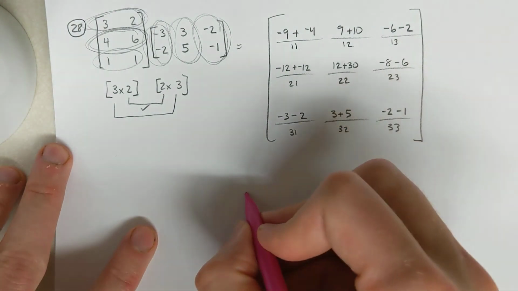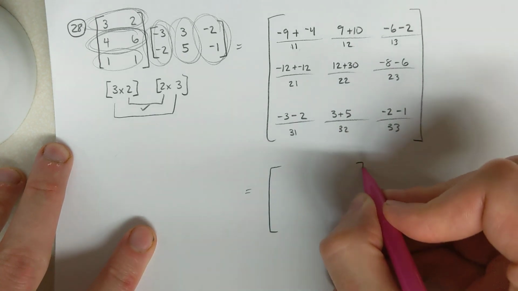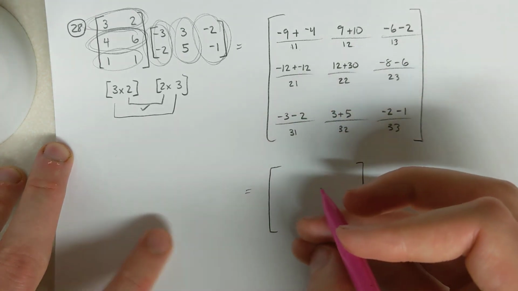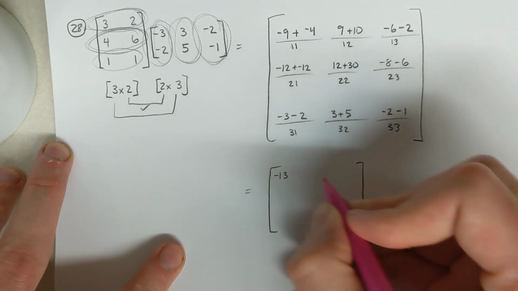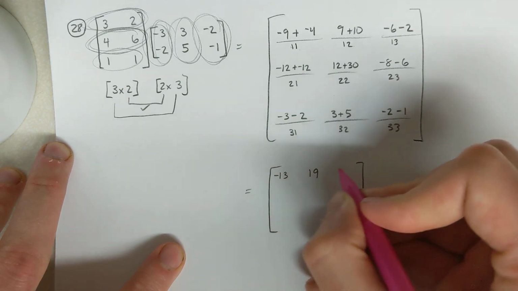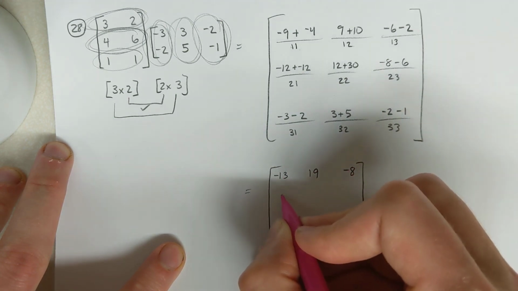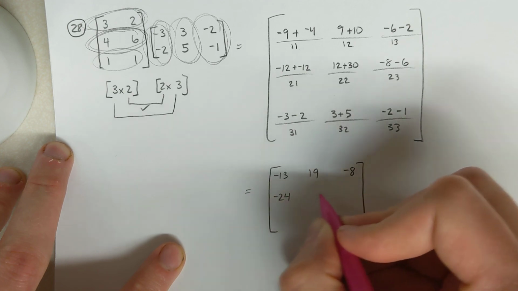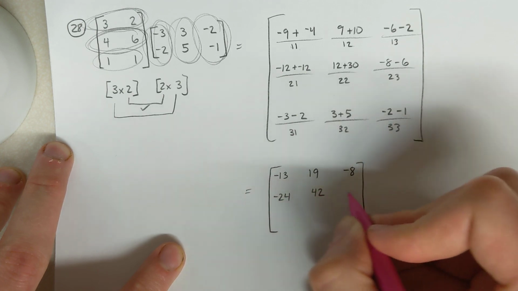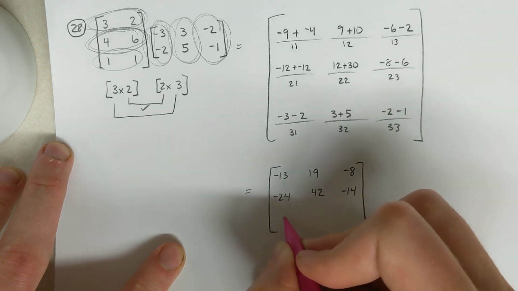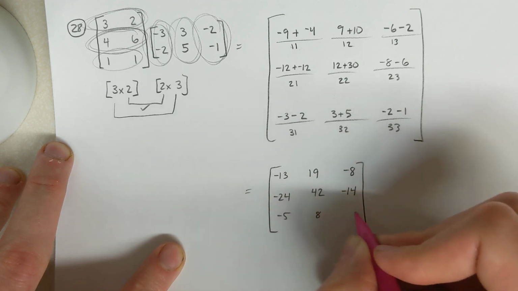And then we can reduce. So 9 and 4 is 13. 19, negative 8, negative 24, 42, negative 14, negative 5, 8, and negative 3.